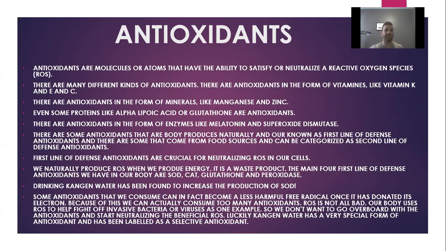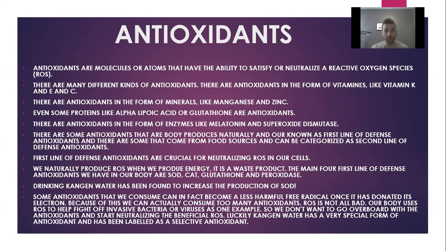Some antioxidants that we consume can in fact become a less harmful free radical once it has donated its electron. A lot of foods we try to eat to maintain our health and longevity are foods rich in antioxidants.